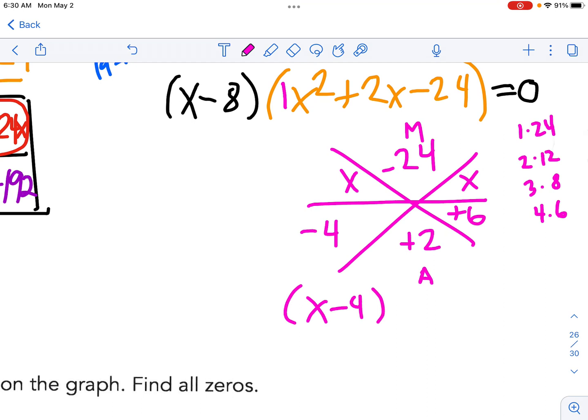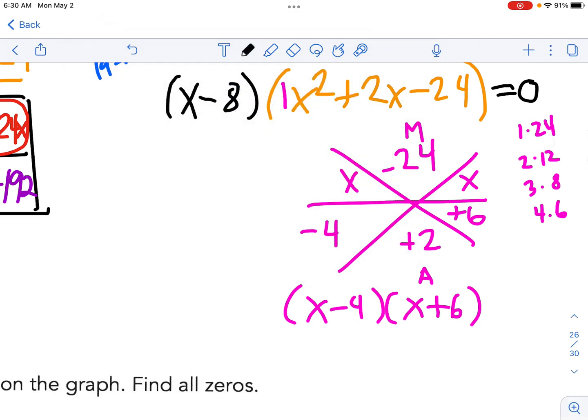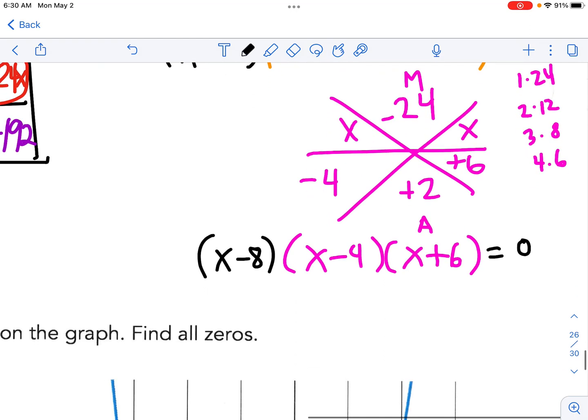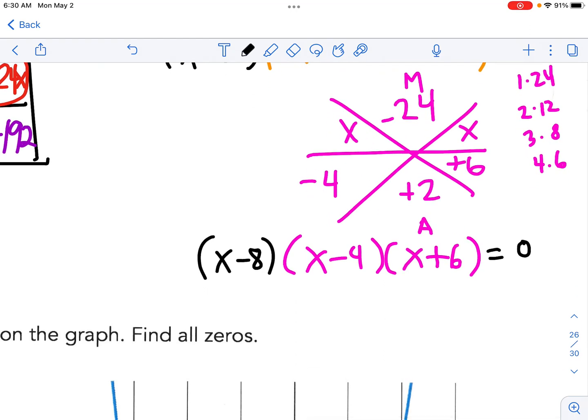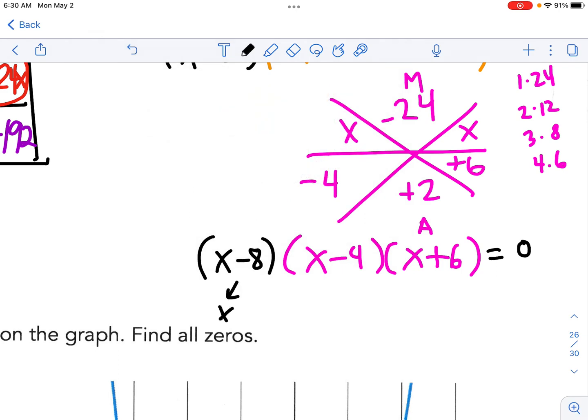So now I know that factors into x minus 4, x plus 6, and that's just the orange part. I still have the x minus 8 equals 0. So now I can fully solve this: this solution is x equals 8, the 0 is x equals 4 here, and the 0 is x equals negative 6.